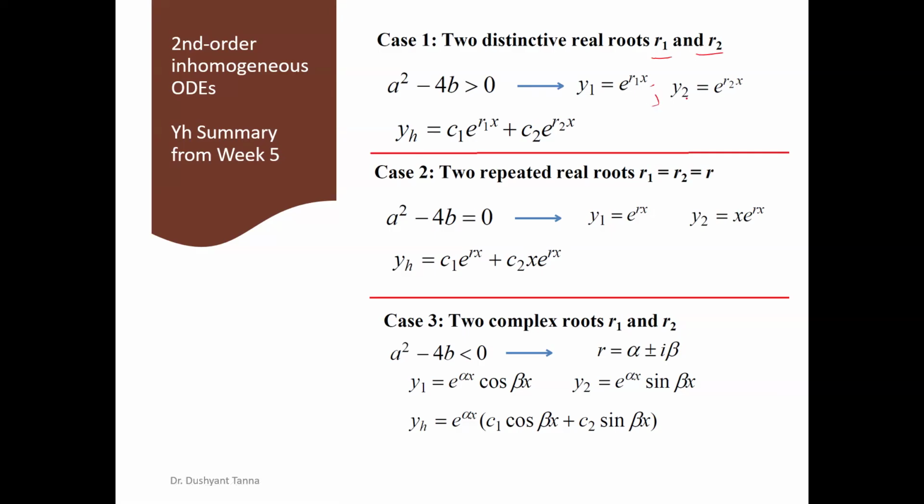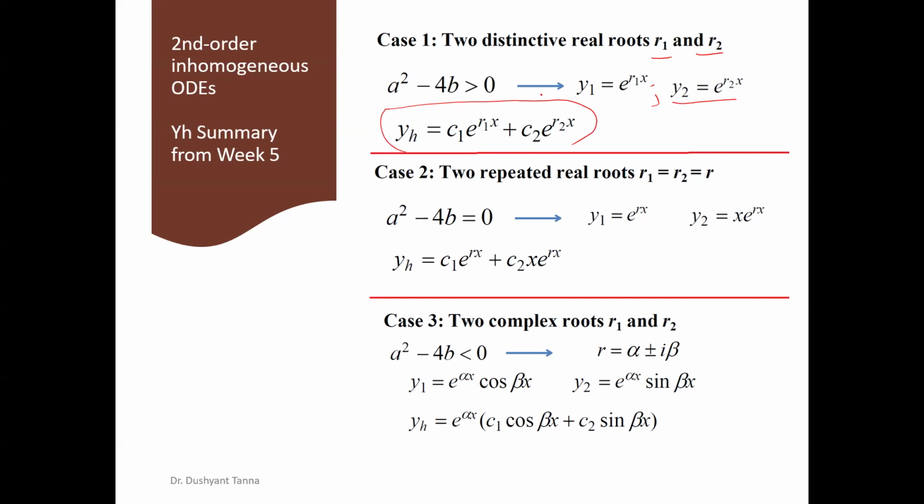And another, y2, is e power r2x. You can call it alpha, beta, you can call it c, d, whatever you like. 2 roots, e power first root times x, e power second root times x. And then we combine our y as c1 e power r1x plus c2 e power r2x. We have seen plenty of examples last week. Please, when I say last week, week 5, not the previous week, the week earlier.